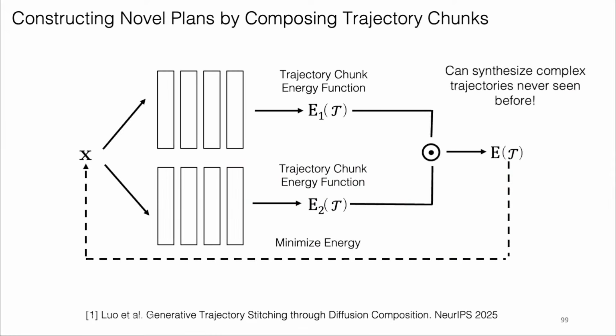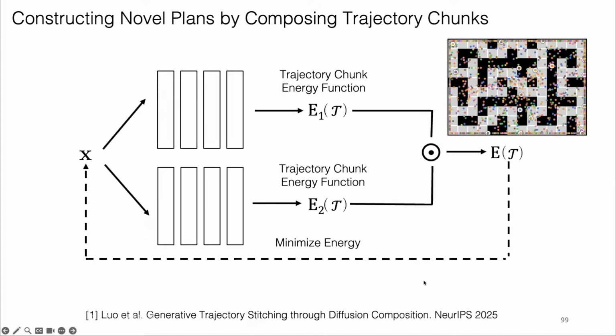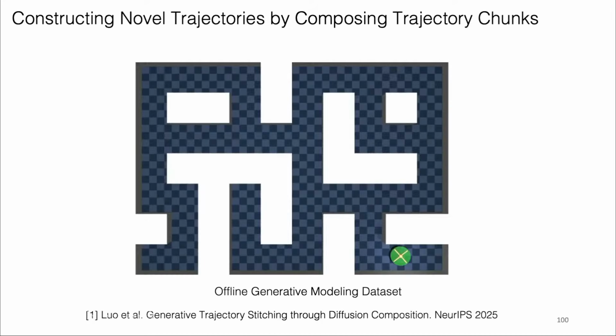And then as a final note, you can also apply this to the planning domain. If you want to generate a plan in a maze, for instance, you have the start location and go location, you can learn energy functions per chunk and jointly optimize that. This allows you to generate long plans in mazes where each of your trajectory chunks may be a little out of distribution.